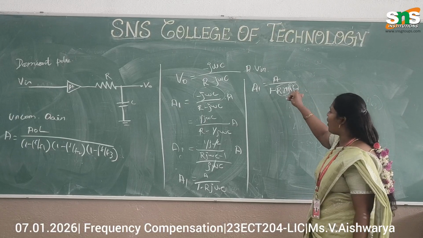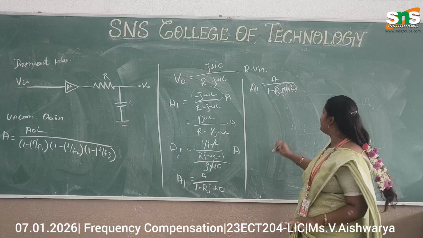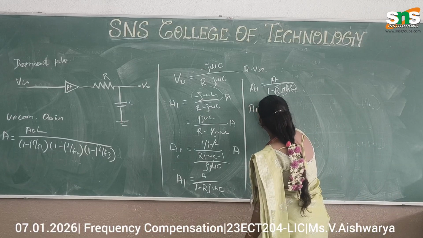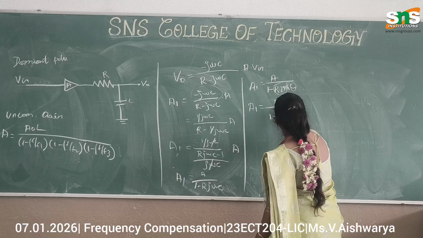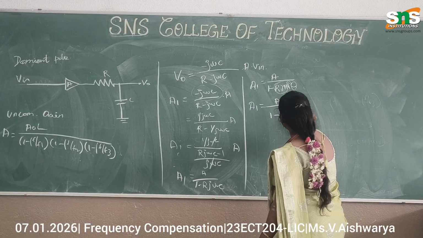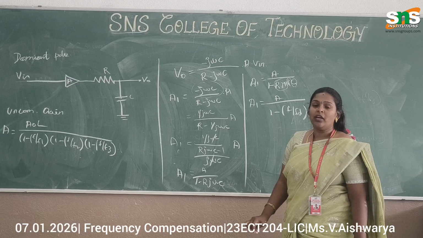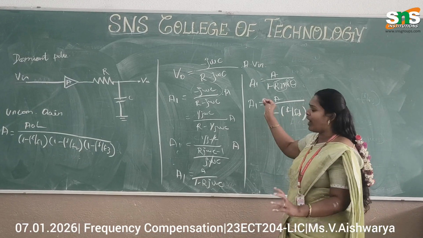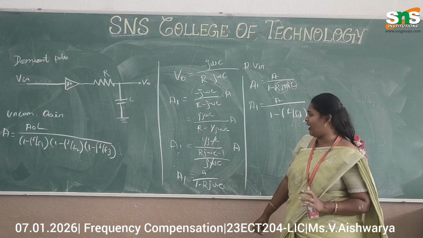Here the corner frequency is Fd. We write it as Fd. So A1 equals A by 1 minus F by Fd. This is the gain value of the dominant pole. We have to apply this value to our uncompensated gain value.